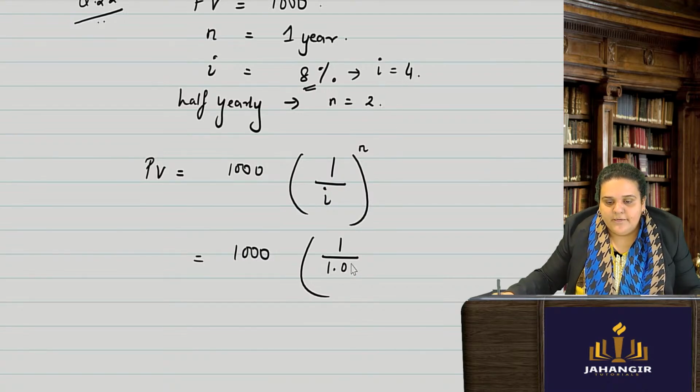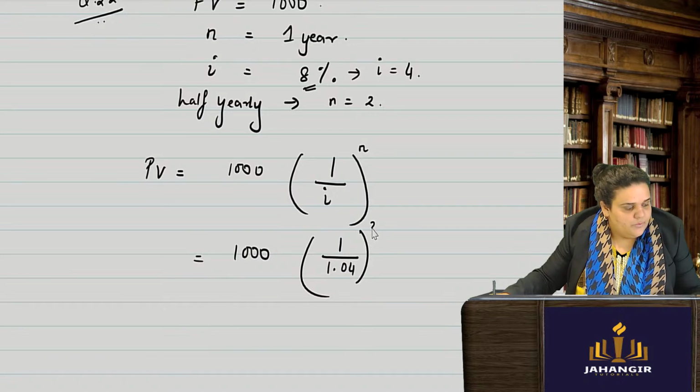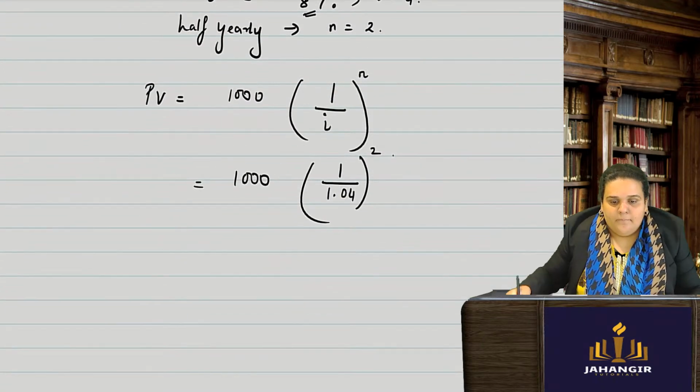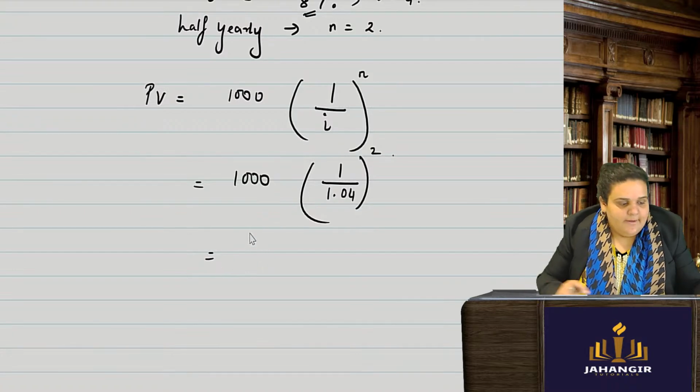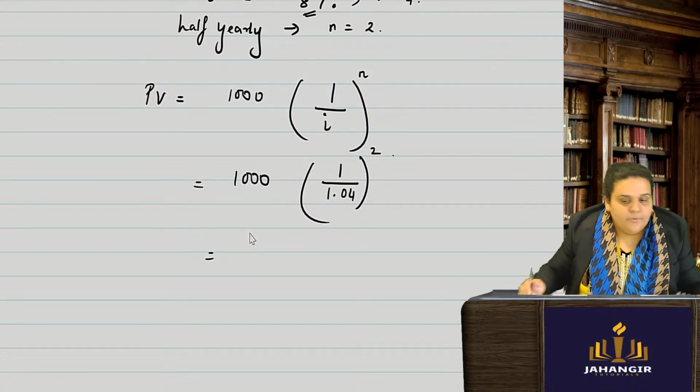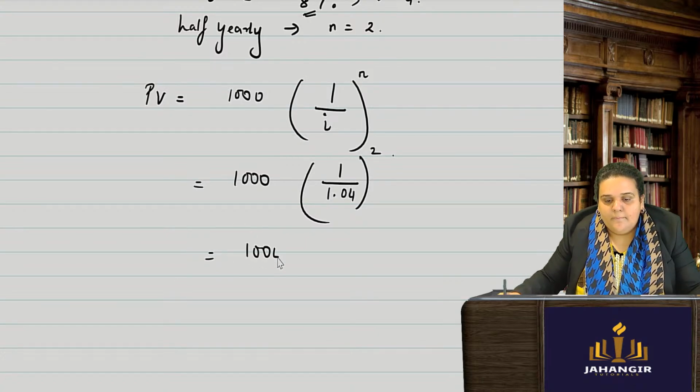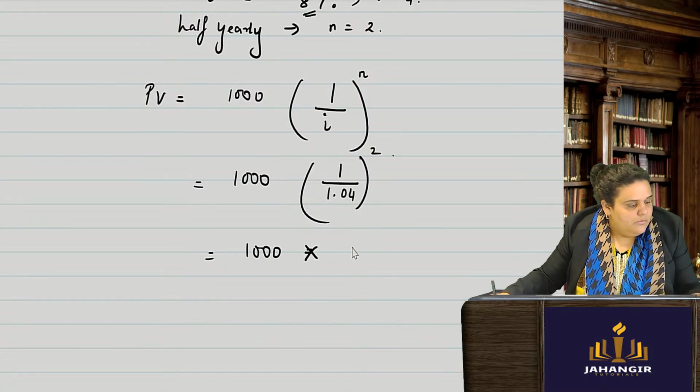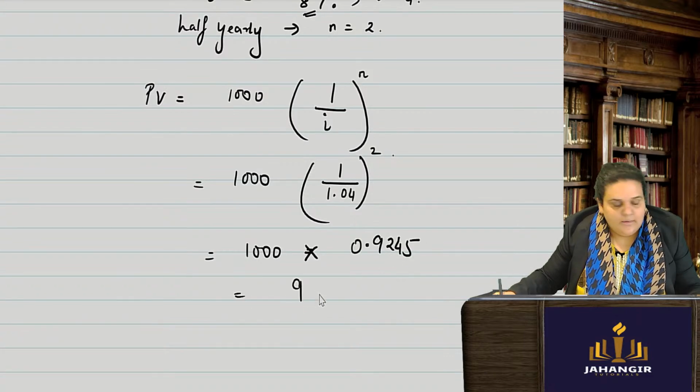So it will become 1.04, the whole thing raised to 2. So 1 divided by 1.04 raised to 2 into 1000, which is 0.9245. Therefore, the answer will be 924.55 rupees.